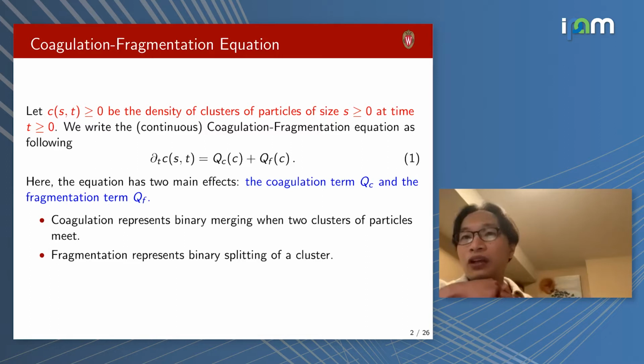Here we are only talking about binary effects. You can have more than two clouds joining together, but the chance for that to happen is literally 0. So we have binary merging and binary splitting.